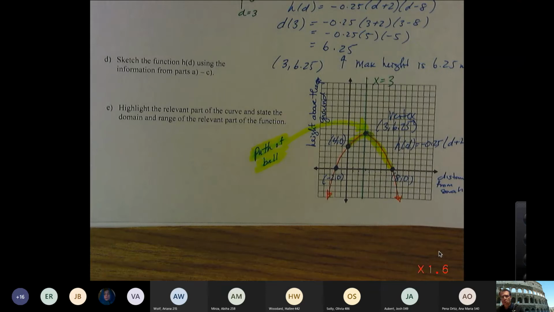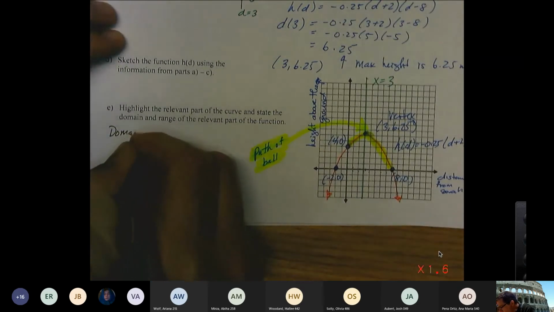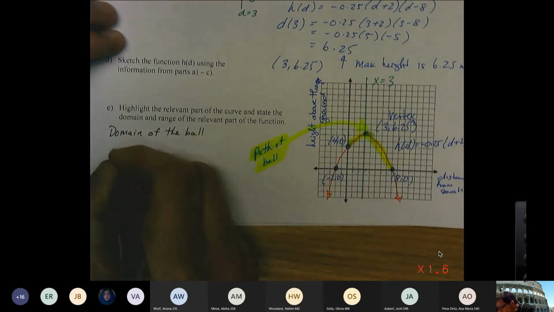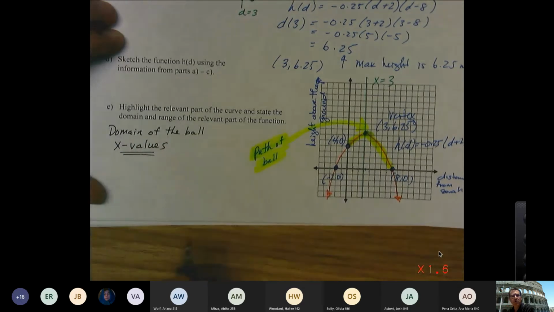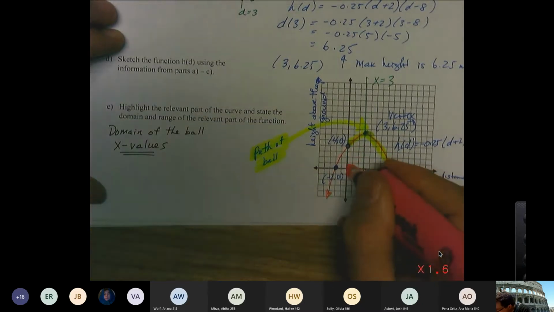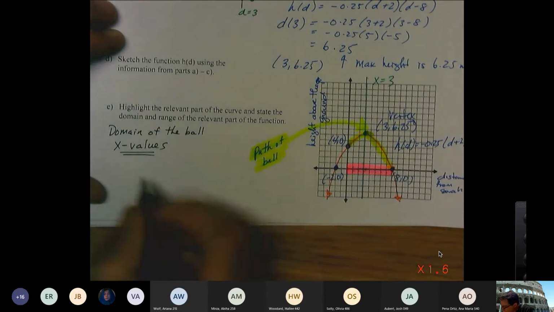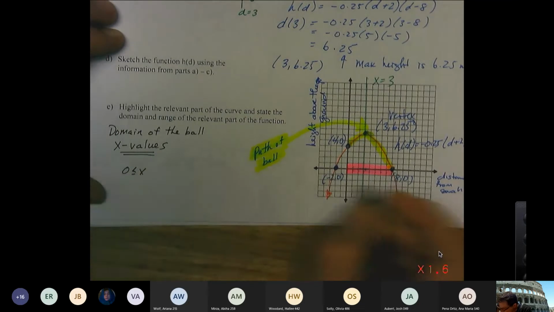Okay. So when I look at the domain, now remember we talked about domain a little bit. The domain of the ball means all the x values. Domain are all the x values. These are all the x values for the ball. They go from 0 and they stop at 8.